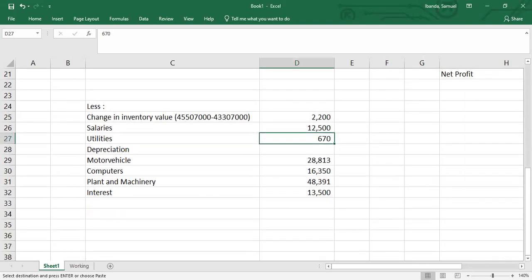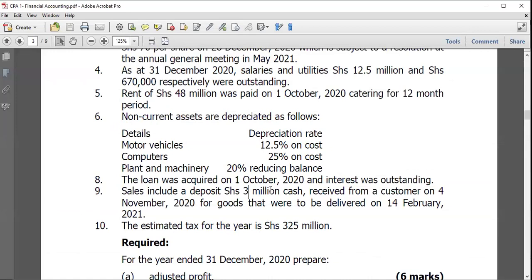Then the next one that I'm now looking at is the sales issue. So sales, they're telling me that sales include a deposit of 3 million cash received from a customer on 4th November 2020 for goods that were to be delivered on 14th February 2021. As you can see, the delivery date is after our financial year end date.